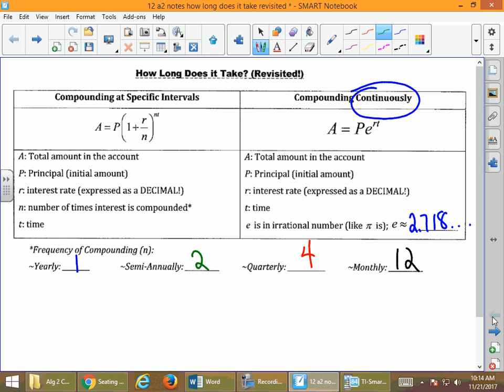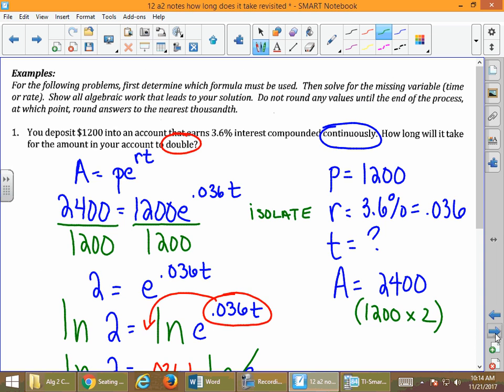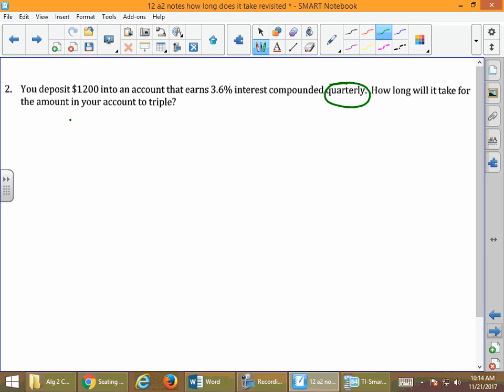And the quarterly goes with our left-hand formula, which is A equals P times 1 plus R divided by N to the NT. Well, it's quarterly, so we determined which formula. The question now says, how long will it take the amount in your account to triple?